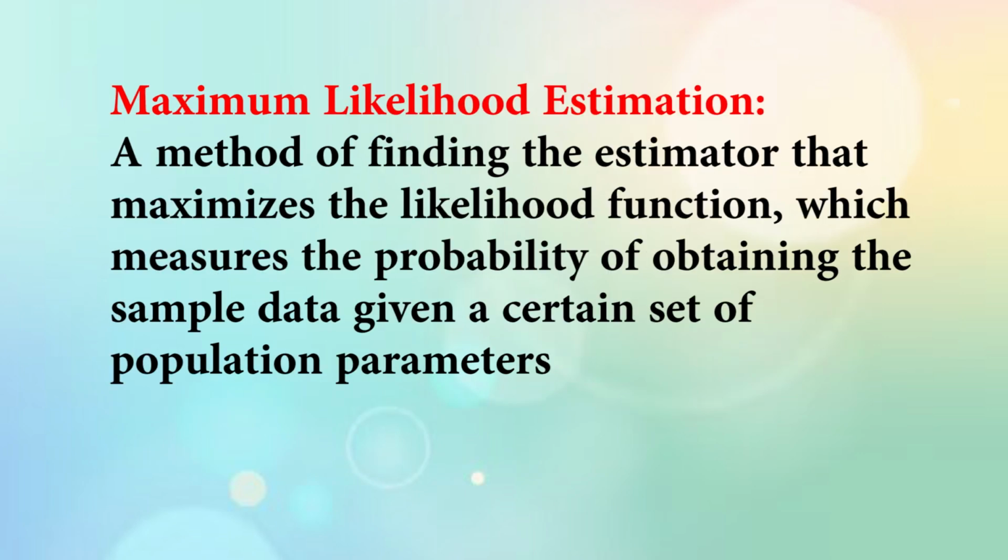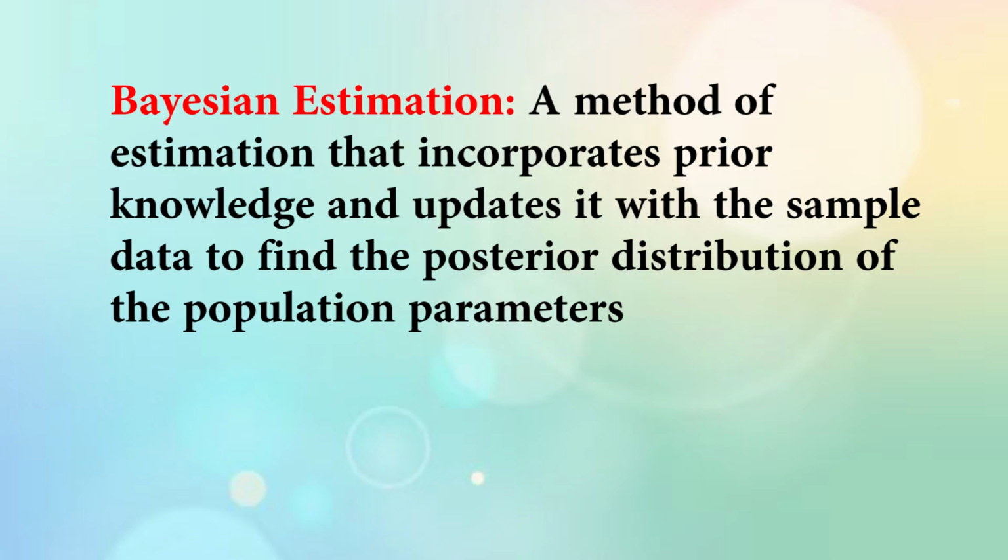Maximum likelihood estimation, a method of finding the estimator that maximizes the likelihood function, which measures the probability of obtaining the sample data given a certain set of population parameters. Bayesian estimation, a method of estimation that incorporates prior knowledge and updates it with the sample data to find the posterior distribution of the population parameters.